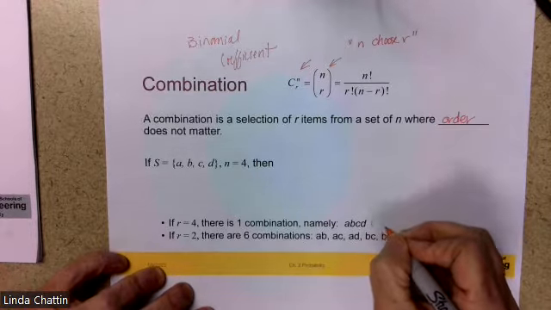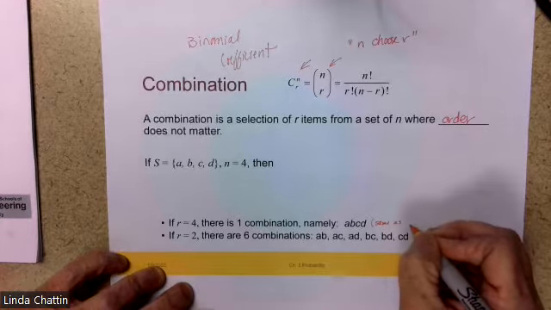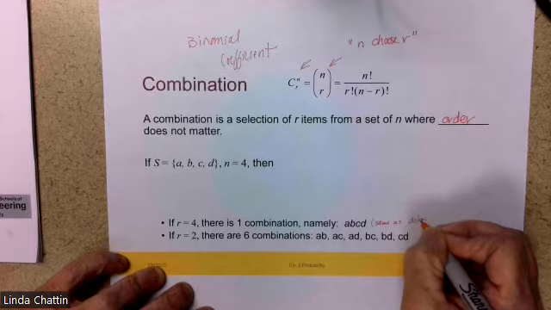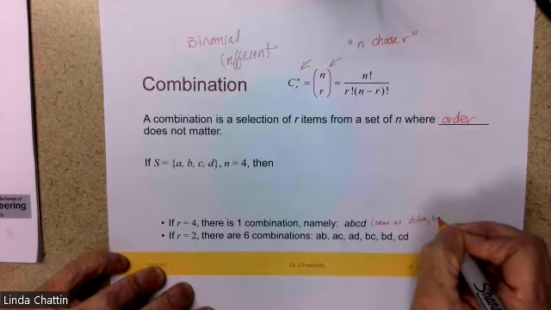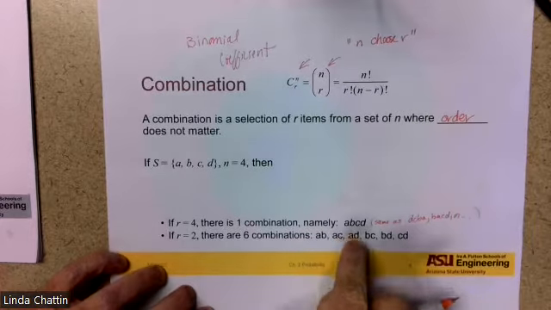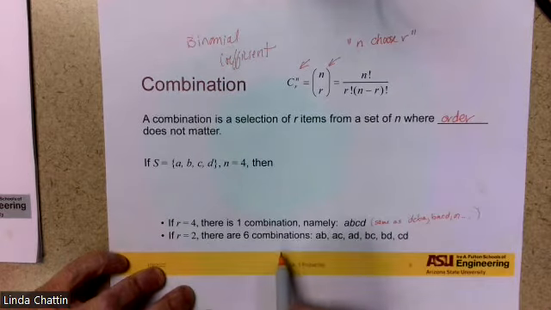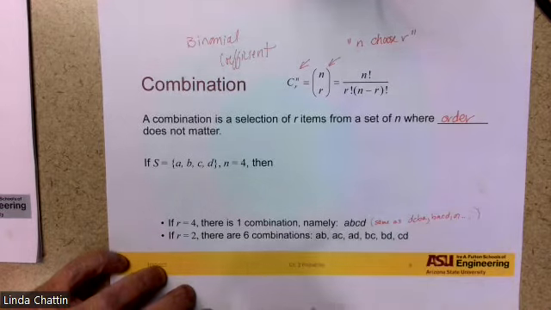So that would be the same as D, C, B, A, or B, A, C, D, and you could keep going. So there's just one combination, the order doesn't matter. If R is 2, there would be 6 combinations.